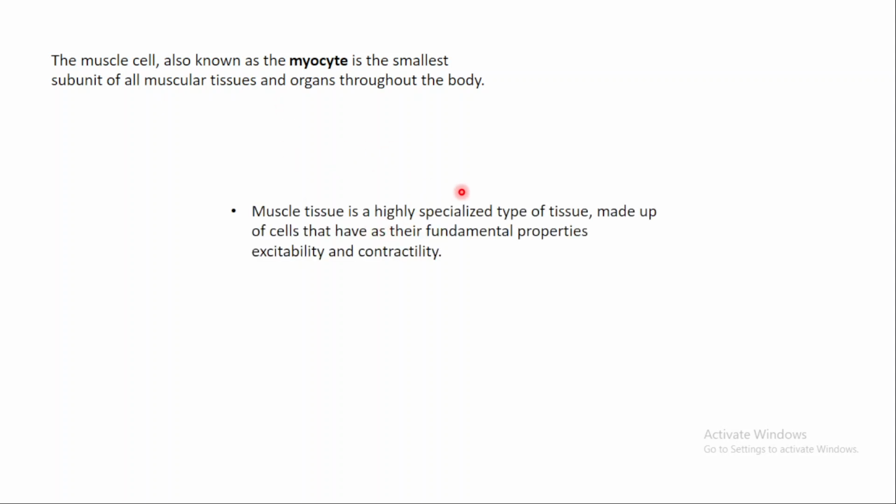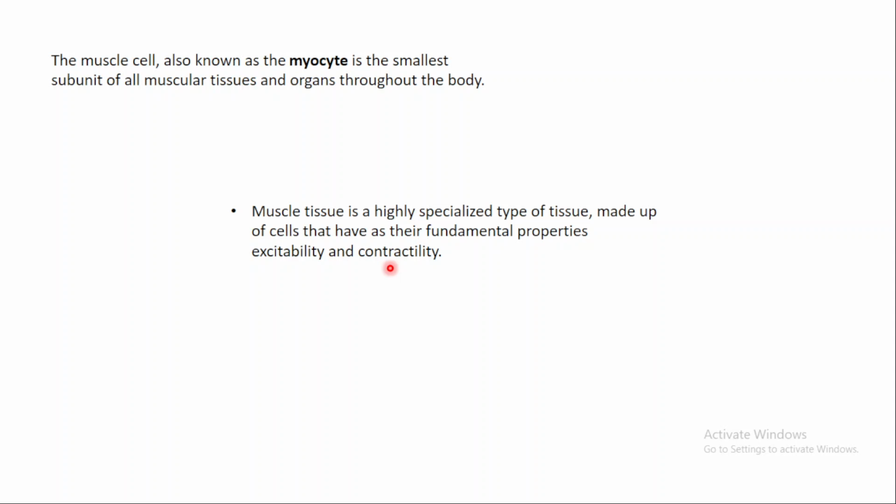Muscle tissue is a highly specialized type of tissue made up of cells that have as their fundamental properties excitability and contractility. So what are the properties of these myocytes? These myocytes can contract and get excited. What happens when our muscle contracts?